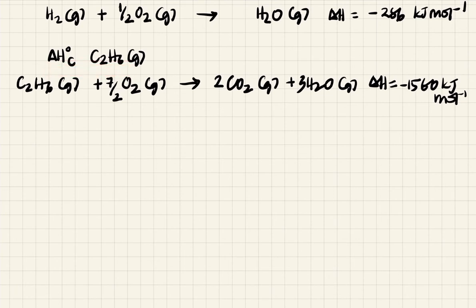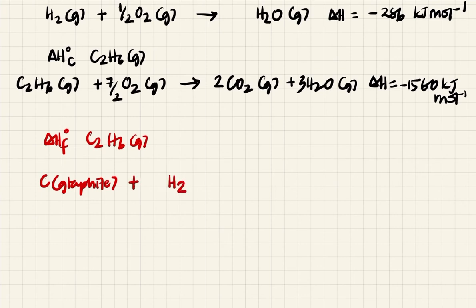So for formation, if you recall the definition, it is formation of 1 mole of substance from its elements in the most stable state. So delta H formation of C2H6 gas will be from carbon graphite, the most stable form of the element, and hydrogen gas molecule, and then you will get C2H6 gas.